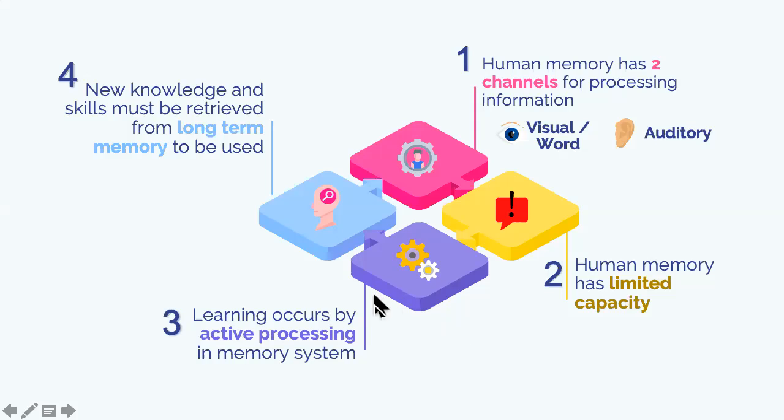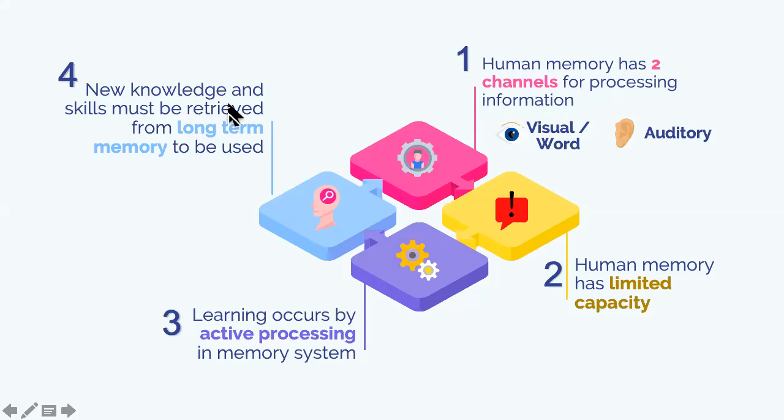And learning occurs by conducting active processing in the memory system, especially in the working memory, by conducting the integration processes, and also retrieving some information from the long-term memory to do the integration.